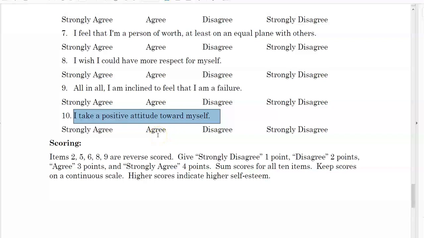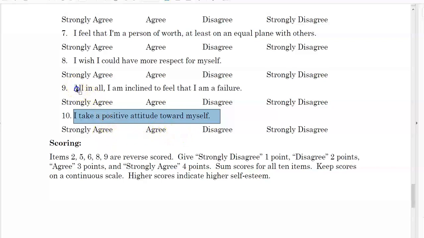So you would more likely find people answer with agree or strongly agree, and less likely that people will say, I disagree. In other words, disagreeing would mean that you actually feel negative toward yourself. Unless you probably live in South Africa, I think most people take a positive attitude towards themselves.